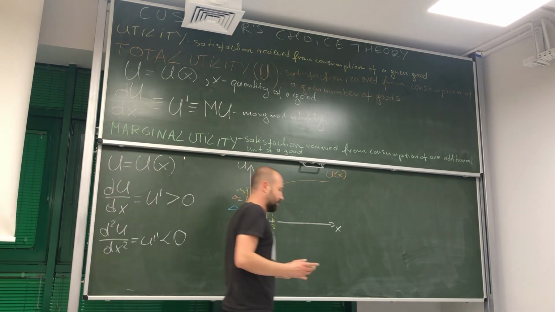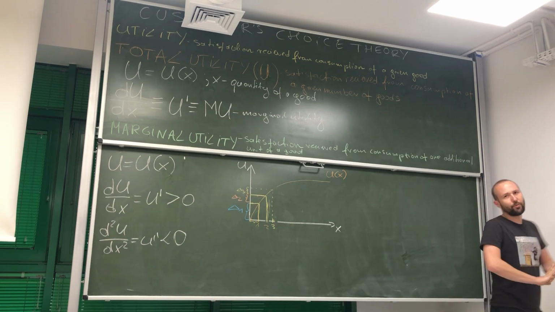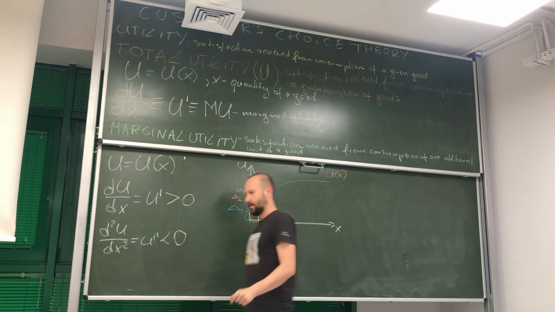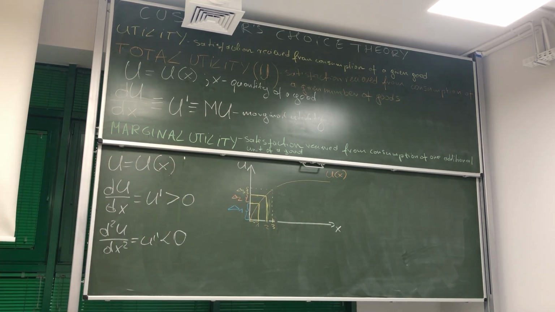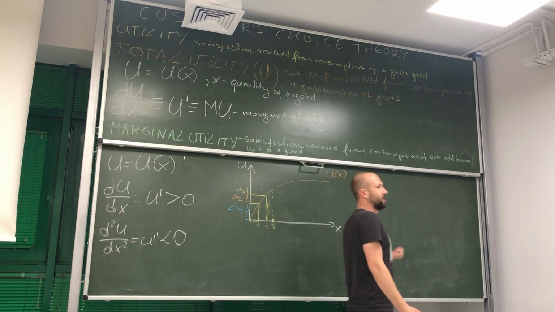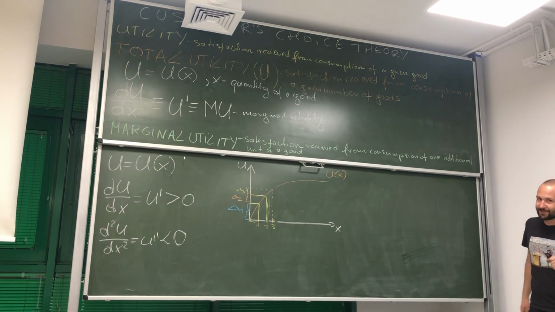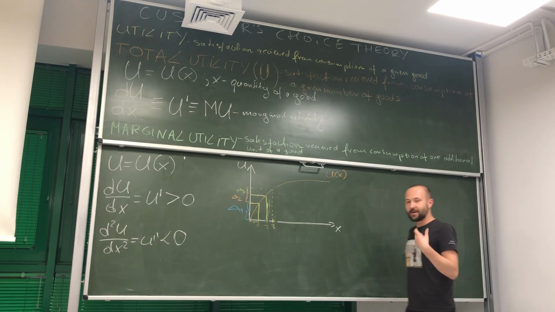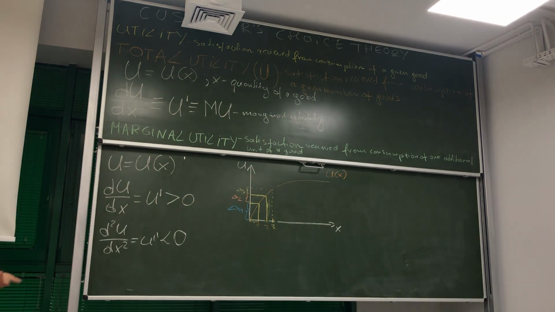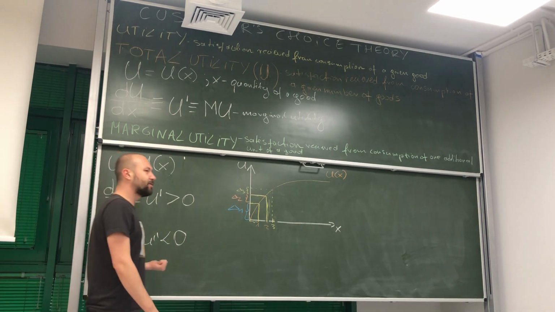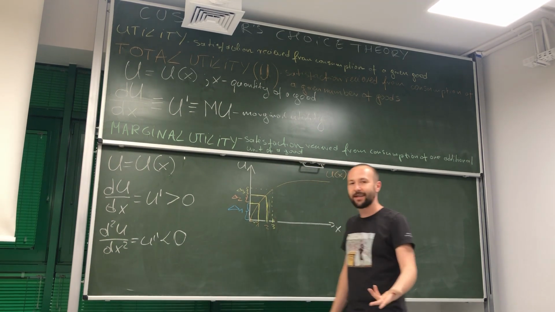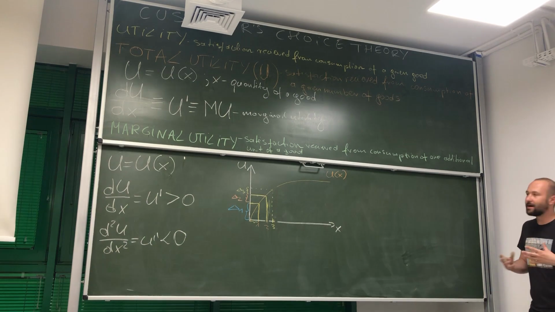Why is that so? Look, think about it as coming to a party, very hungry, and there are those tiny sandwiches. Of course, when you're very hungry, you get the first sandwich, it tastes really good, right? Probably the second one will also taste really good because you're still very hungry. But as you will be eating more and more of these sandwiches, you will be feeling more full, more fulfilled, and you can imagine that sandwich number 8 and number 9 and number 10 will not bring you the same amount of satisfaction.